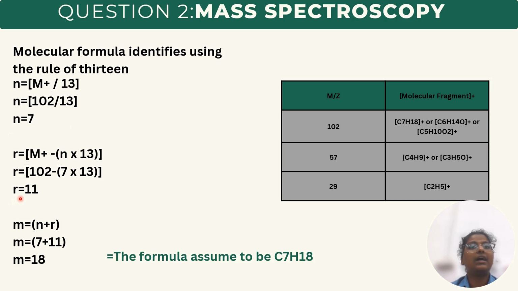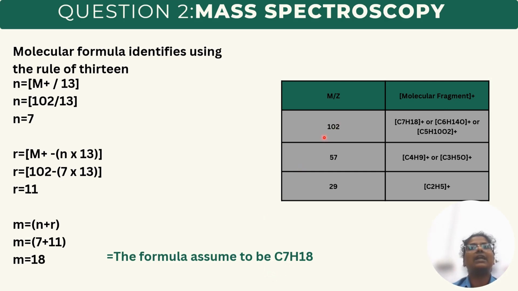So for the calculation of M, we have to do a remainder calculation, where R equals the molecular weight minus N times 30, where we get 11. For the M calculation, we add N and R to get M. So M is equal to 7 plus 11, to get M of 18. So the molecular formula is assumed to be C7H18.